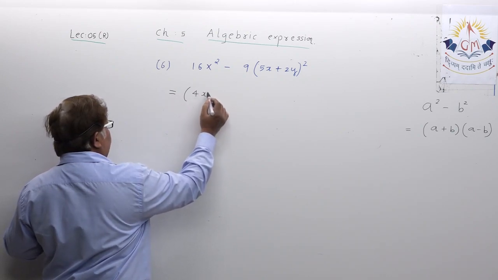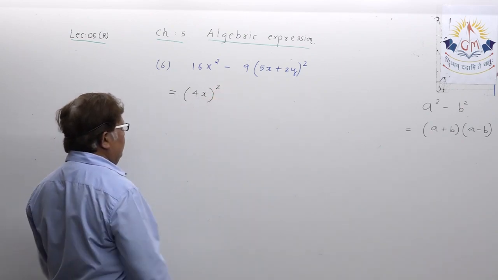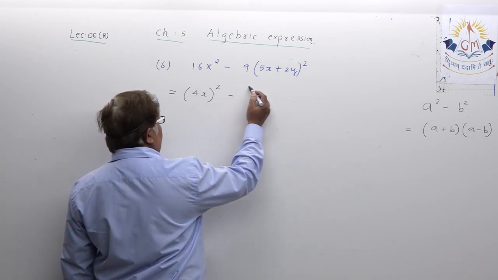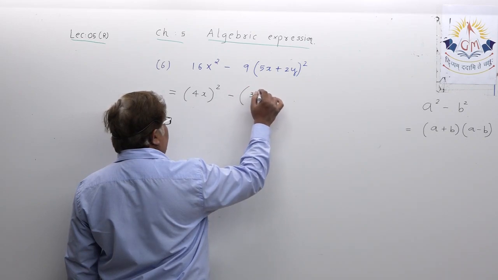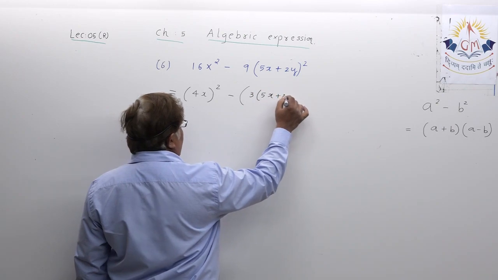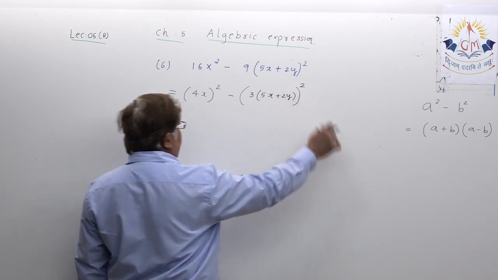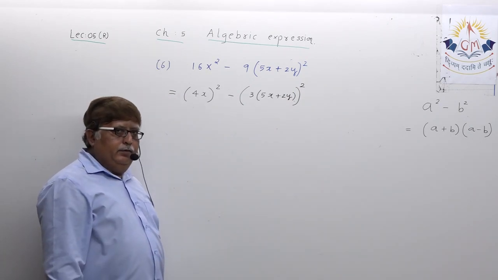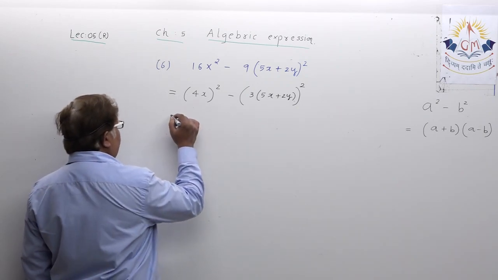Square root of this, that is 4x whole square, in bracket square root of 9, that is 3, 5x plus 2y in bracket whole square. Is it clear? The first step you must have done in this way.